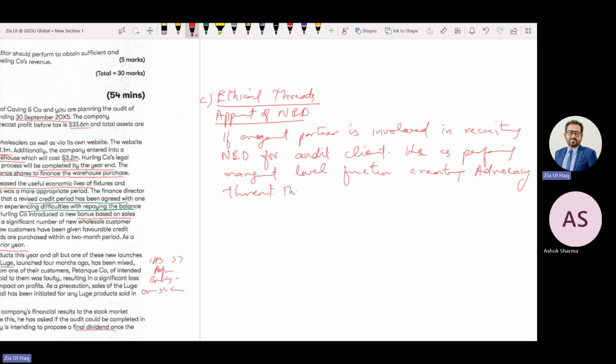This could affect the auditors' independence and objectivity.